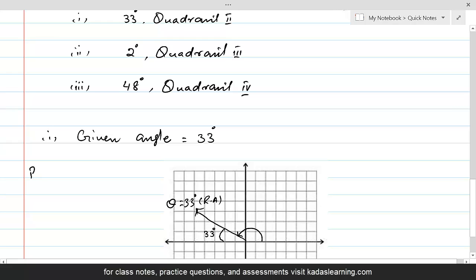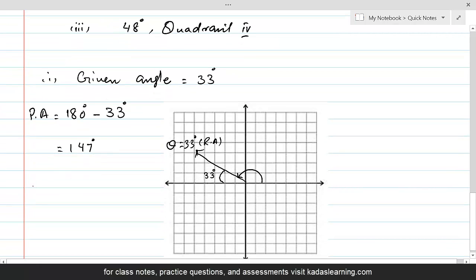So the principal angle PA would be equal to 180 degrees minus 33 degrees, and you can find what it is. 180 degrees minus 33 is equal to 147 degrees.